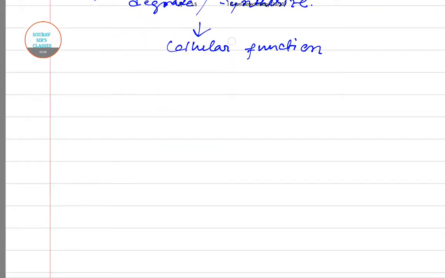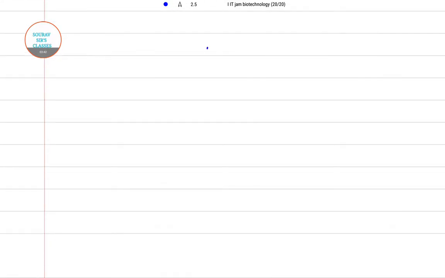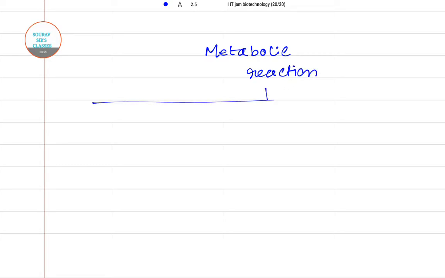Now we can subdivide these metabolic reactions into two classes. Metabolic reactions can be of two types. The first one is catabolism. The second one is anabolism.